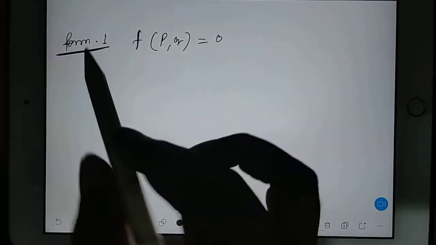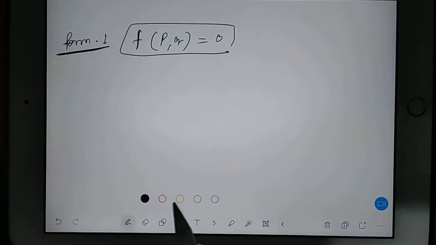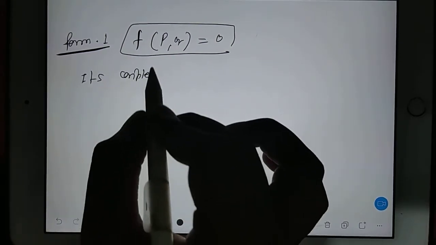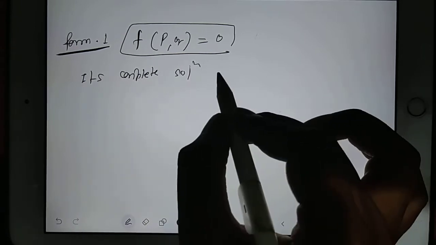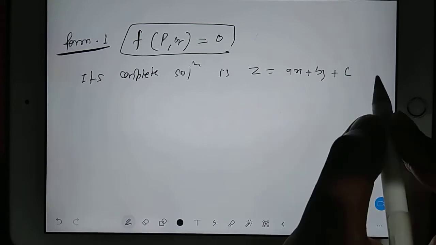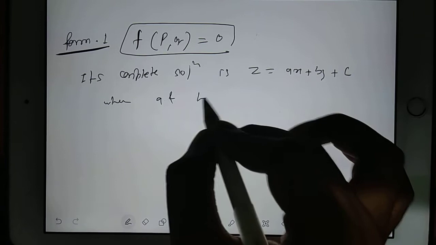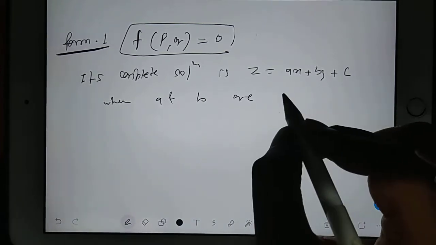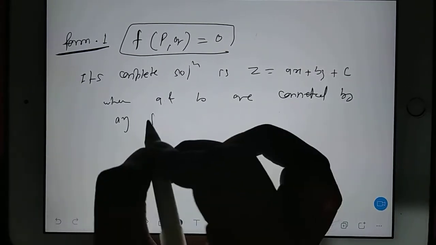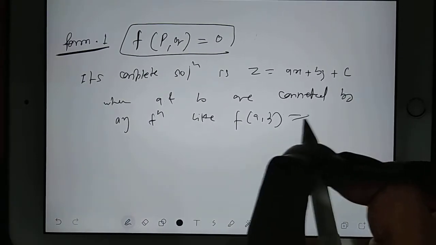So the complete solution, if this kind of question is coming, you take down: z = ax + by + c, where a and b are connected by any function like f(a, b) = 0.